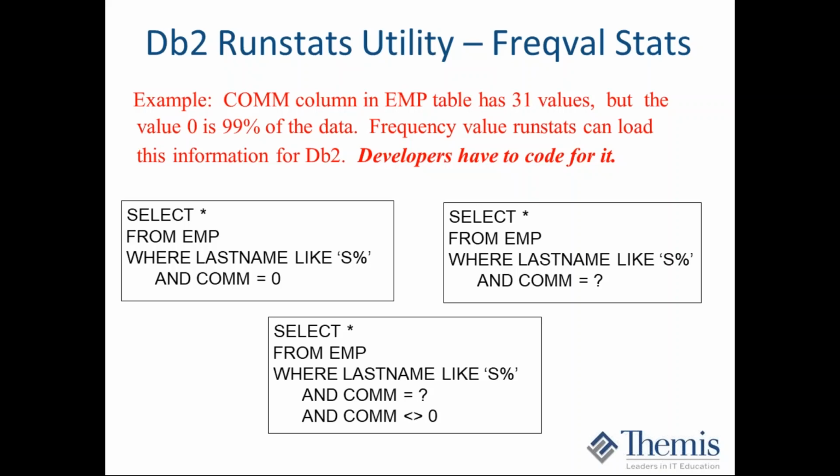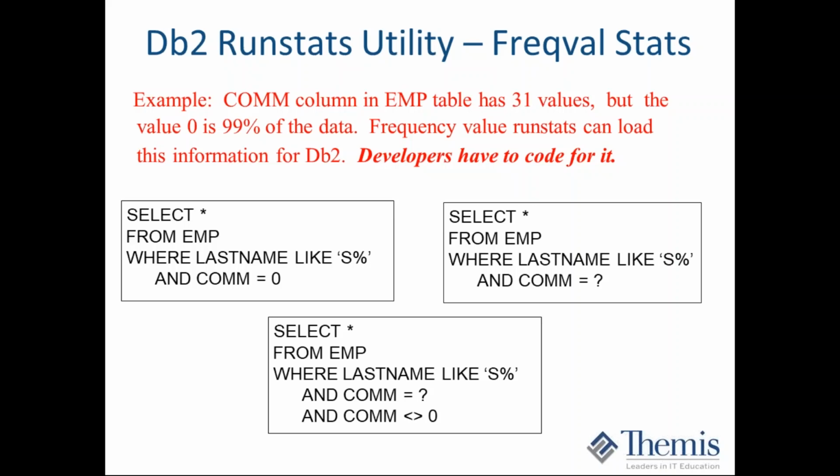For developers, once we get a DBA to run special RUNSTATS that lets the optimizer know that the value 0 is 99% of the data, then we need to write a couple of different queries in our program. If I'm looking for 0, we do a hard-coded 0. If I'm looking for some other value other than 0, and it's in a host variable, I specify the host variable, in this case a question mark, and I state that it's not 0.